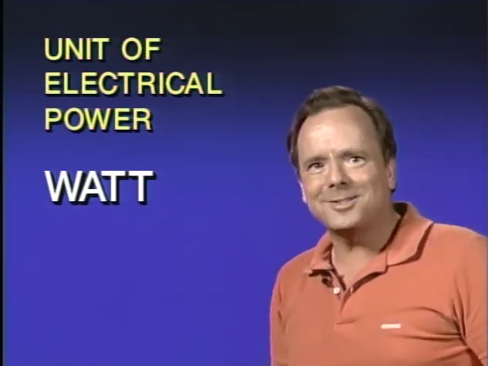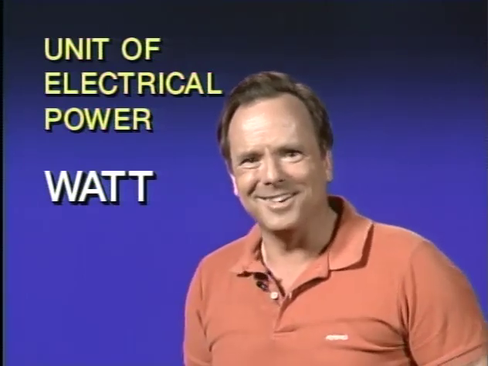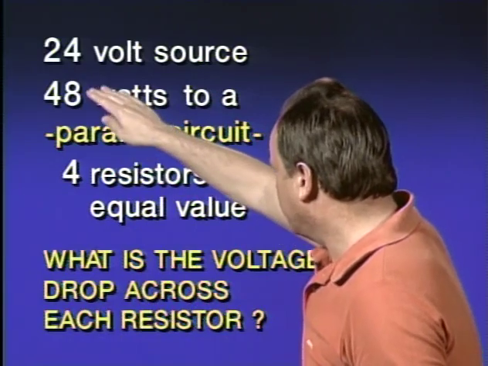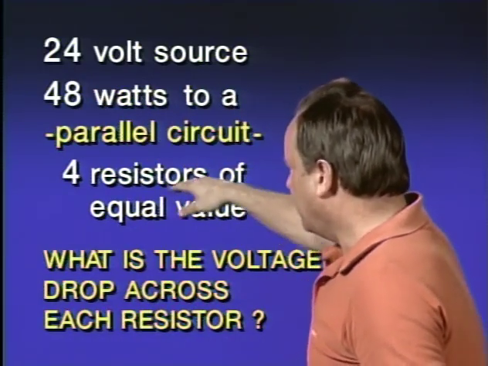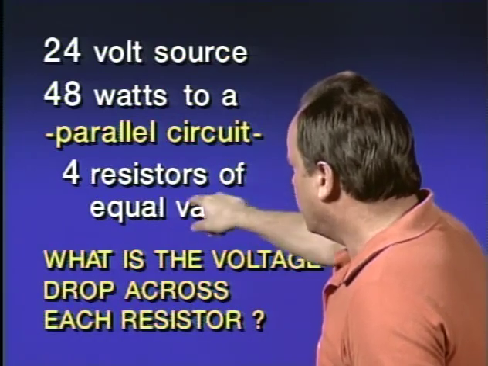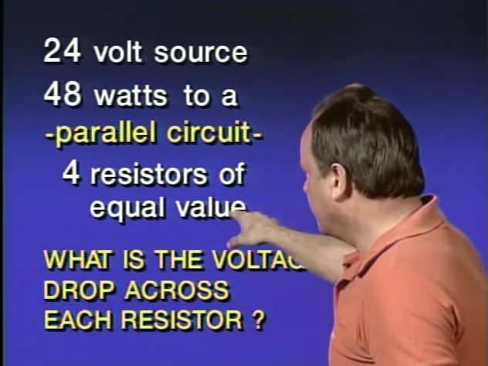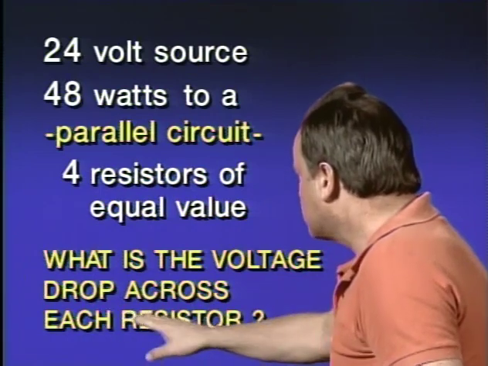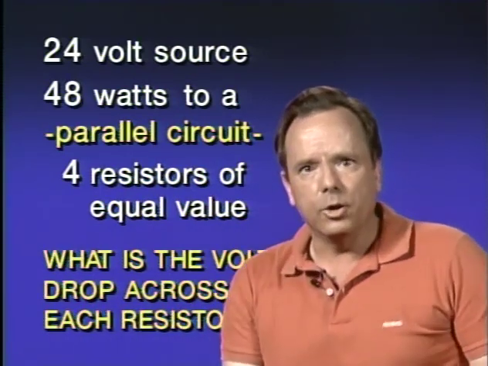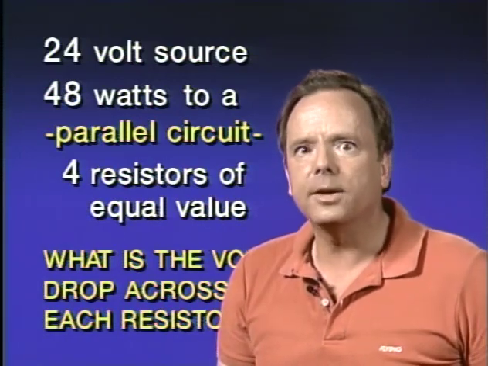All right, now let's take a look at a question the FAA is going to ask you about this on the test. They're going to say, let's assume you have a 24-volt source, and it furnishes 48 watts to a parallel circuit, and there are 4 resistors of equal value. What is the voltage drop across each resistor? Now, I am sure that you have heard of the concept of blowing smoke.